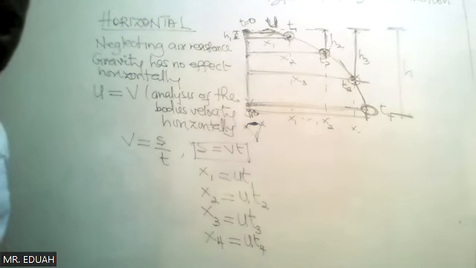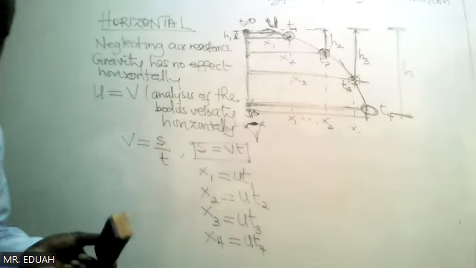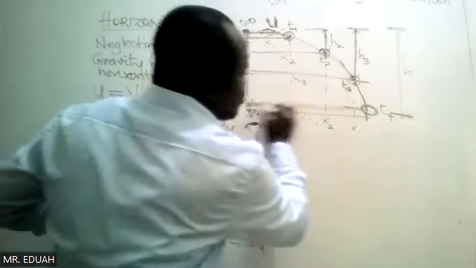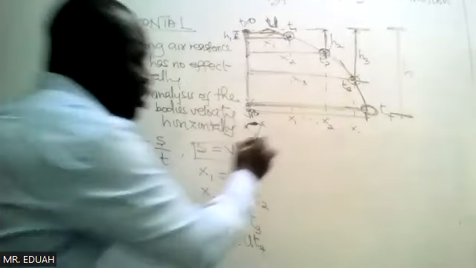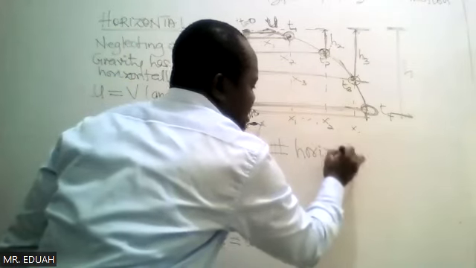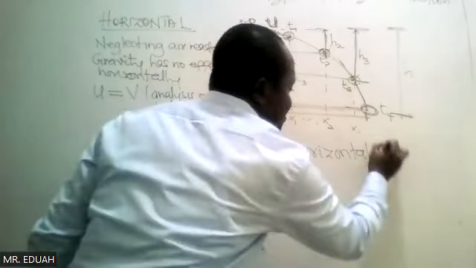Is there any other horizontal displacement? Yes or no? Good, no. And so it means that x4 is the total horizontal displacement.